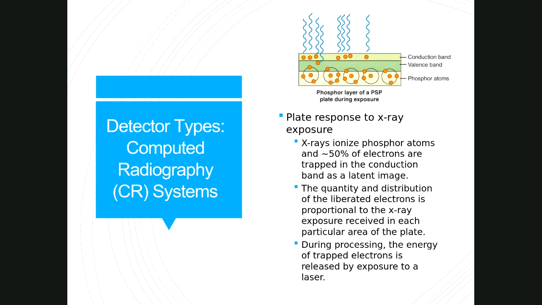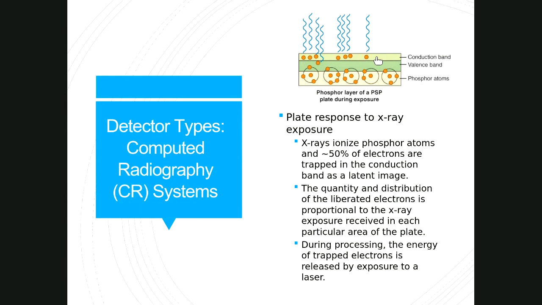So what happens is the plate responds to the X-ray exposure, and by plate we mean the PSP plate. So the X-rays ionize the phosphor atoms in the phosphor layer, and about 50% of the electrons get trapped in the conduction band, and this represents the latent image.